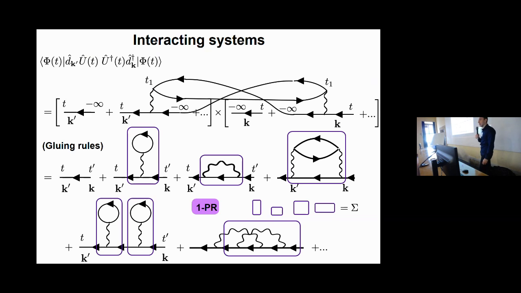This is an example of a one particle reducible diagram because this can be cut in two by cutting this line. And therefore, this object can actually be written as the product of a self-energy times a G times another self-energy. And of course, when you really do the expansion to all orders, you have all possible irreducible pieces connected by a line, connected by other irreducible pieces, and so on and so forth.